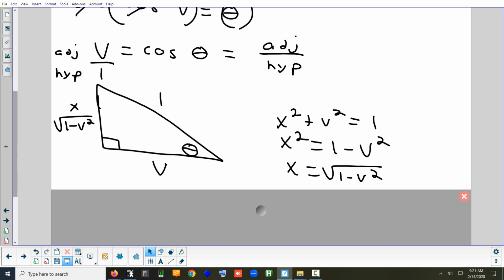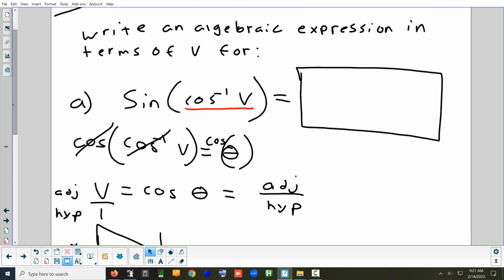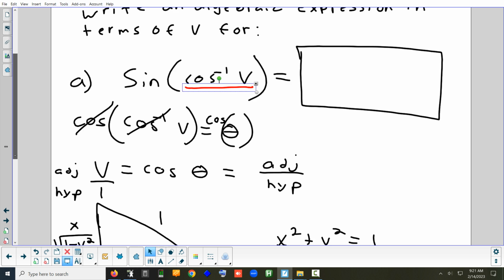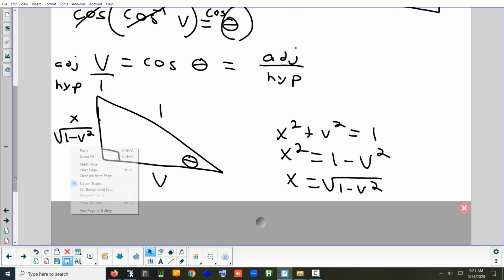And the whole reason I found that side is because look what the question was asking. Take the sine of your diagram. Sine is opposite over hypotenuse. I needed the opposite. Okay. So what's the opposite here? Square root of 1 minus v squared.